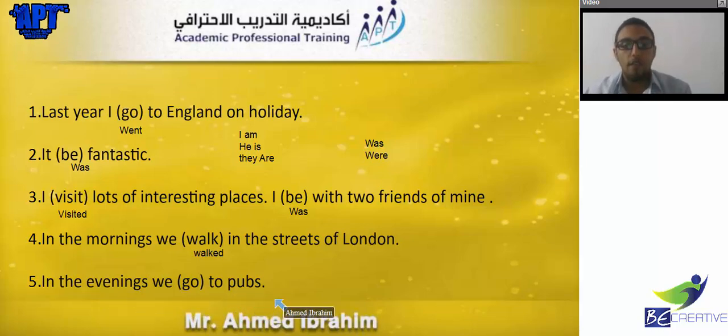So, in the evenings, we go to the pubs. If I want to make this sentence in the past, what should I do? Okay, nice, you get it. Simply, I make the verb in the past, which is, in this case, went. It becomes went.